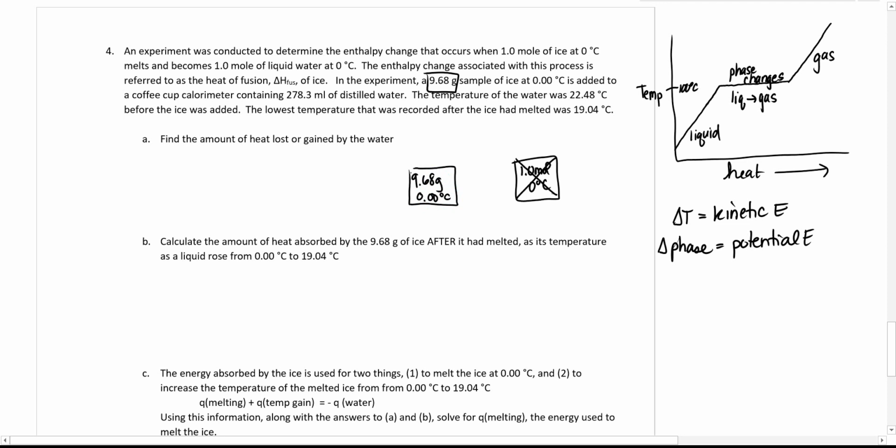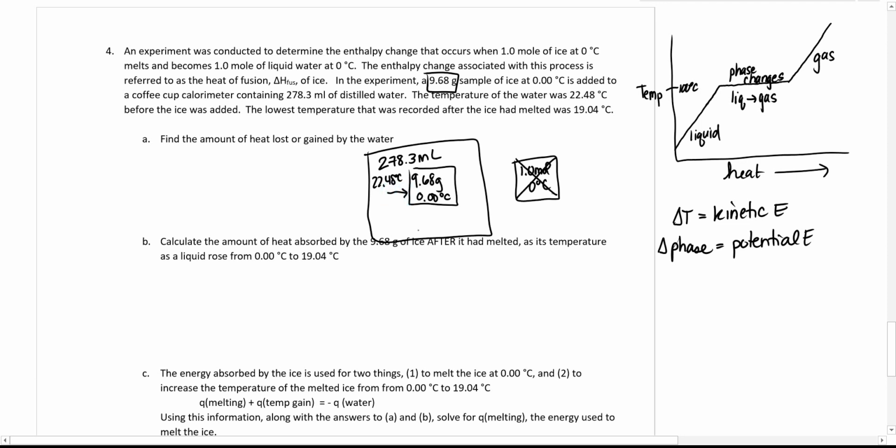And it's added to a calorimeter containing 278.3 milliliters of water. The temperature of the water beforehand is 22.48 degrees Celsius. When you put this ice in the water, we know that energy is going to go from the higher temperature object to the lower temperature object.